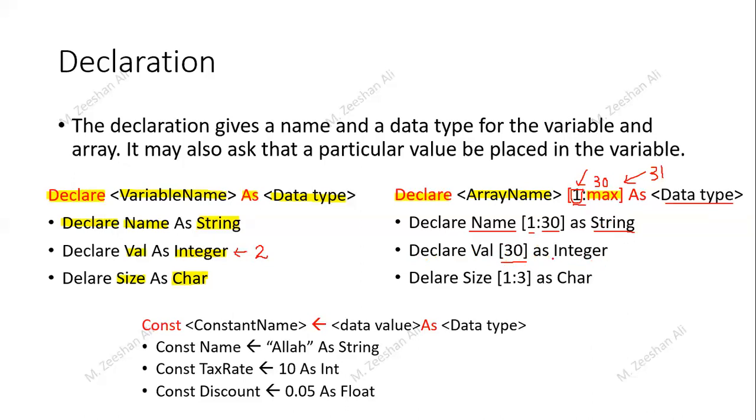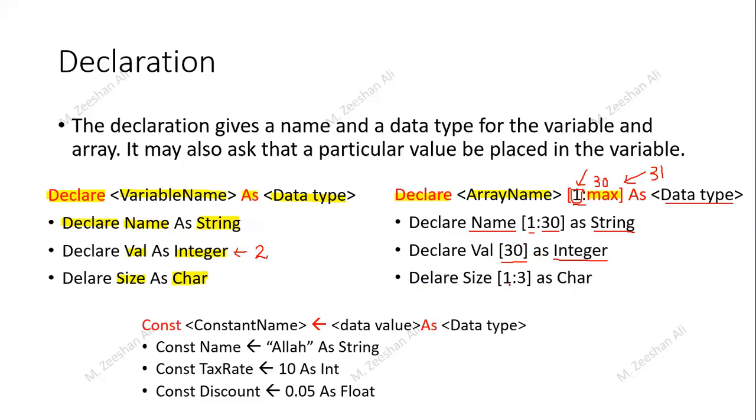And what kind of data is going to be stored into it? That data will be integer, and we can access whatever value is stored at one specific point in the array with the help of the index number. You will see it ahead in the next slide when we discuss the assignment.